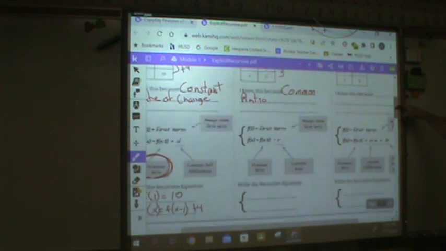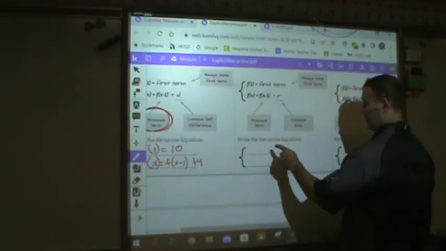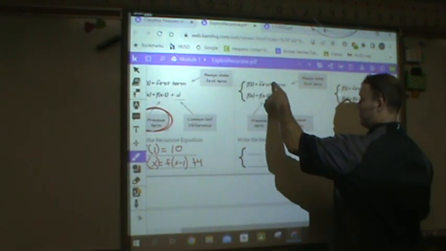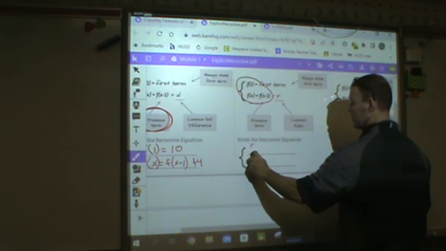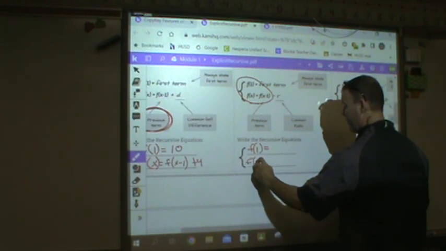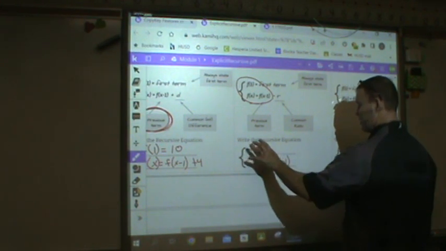How do I write a recursive function for an exponential equation? Well, remember, this part right here is consistent. f of 1 equals, and f of x equals f of x minus 1. That is the same.